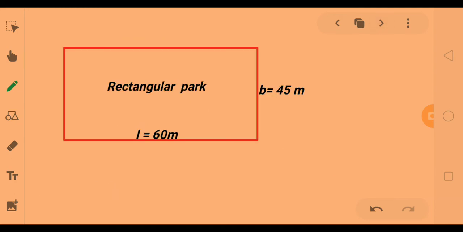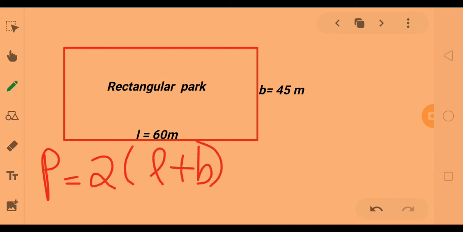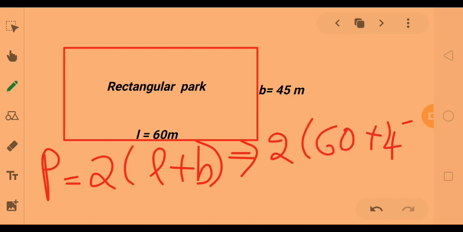Now let us find the distance covered by Bulbul by finding the perimeter of a rectangle. So perimeter is equal to, we know that 2 times length plus breadth, which is equal to 2 times 60 plus 45. So first let us add the numbers in the bracket. 60 plus 45 is 105.